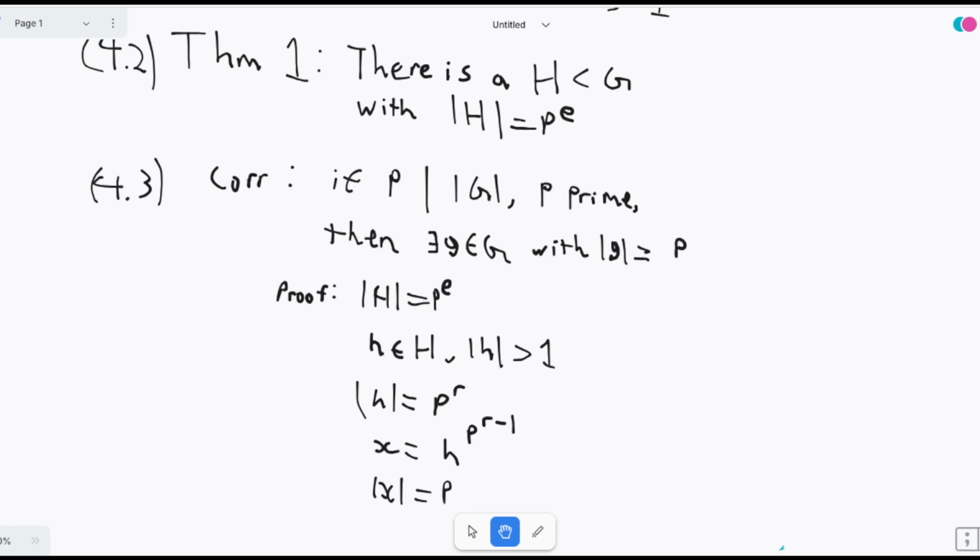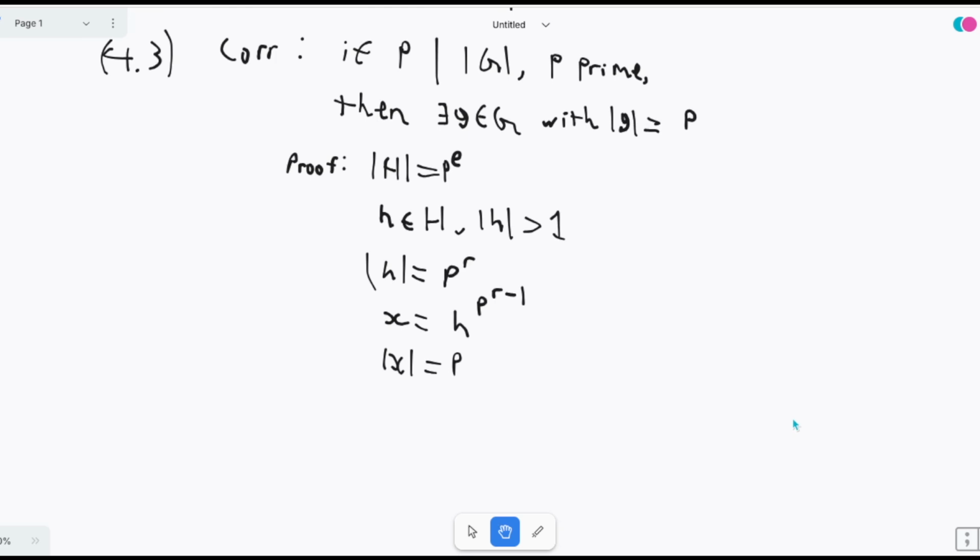So again, if we have a group of order 12, this immediately means that there's an element of order 4 and an element of order 3.